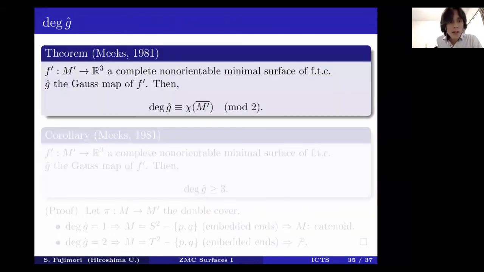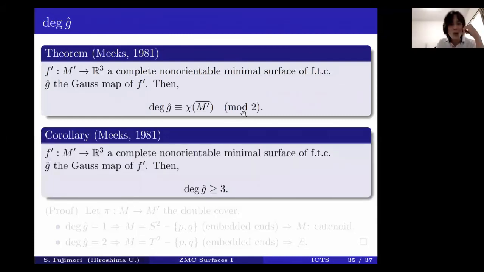And for the degree of G hat, Meeks proved the following theorem. For a complete non-orientable minimal surface, let G hat be the Gauss map of F prime. Then the degree of G hat and the Euler characteristic of the compactification of this non-orientable surface are congruent mod 2.